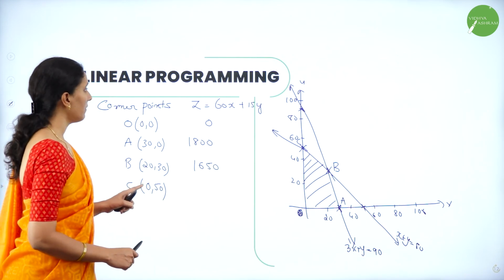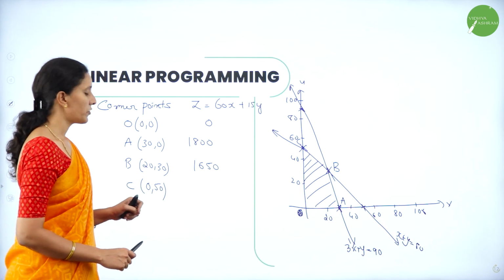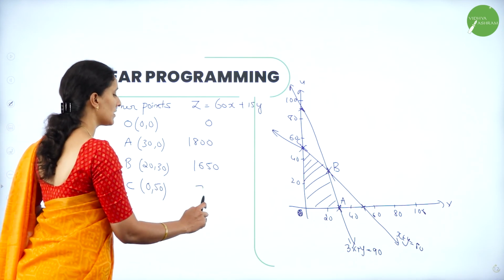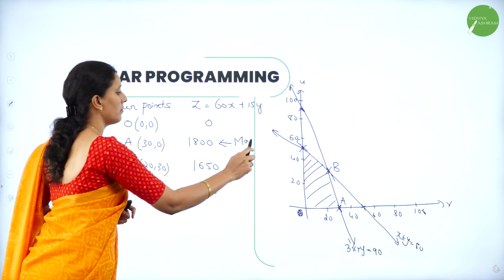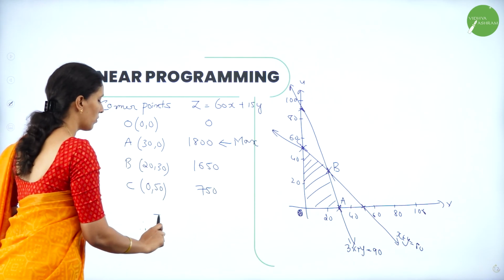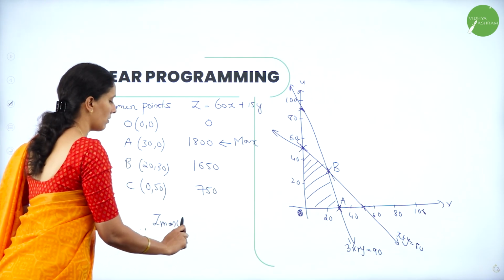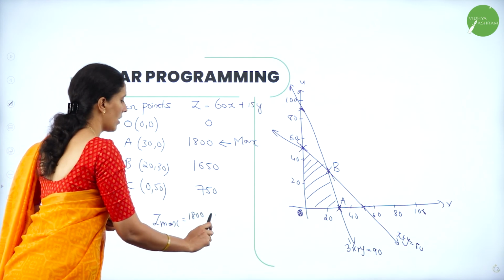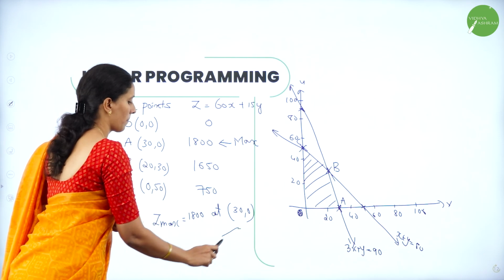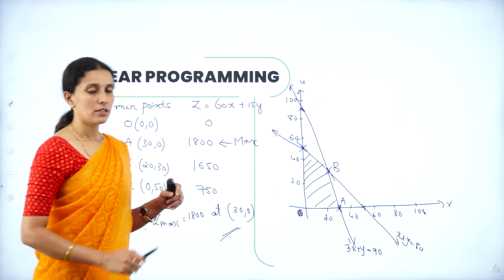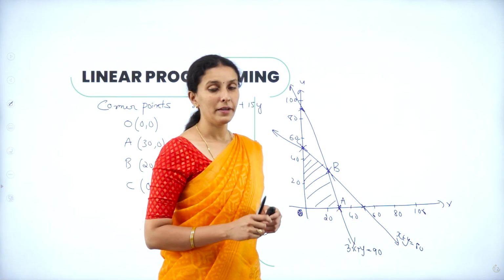Next here I have 0, 50. 15 into 50 is 750. Which is the maximum value? 1800 is the maximum value. So therefore Z max is equal to 1800 at the point 30, 0. So this is the solution for the given linear programming problem.